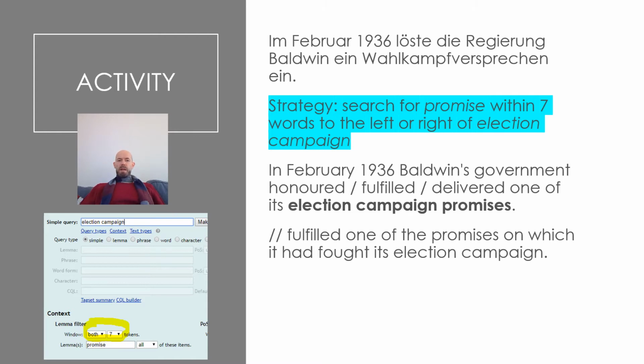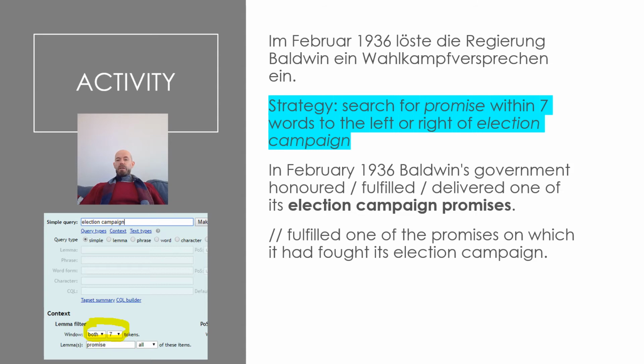So you type election campaign into the simple query box and you type promise into the context box and search for it within 7 words to the left or right of election campaign. And what you'll find, of course, is election campaign promises.